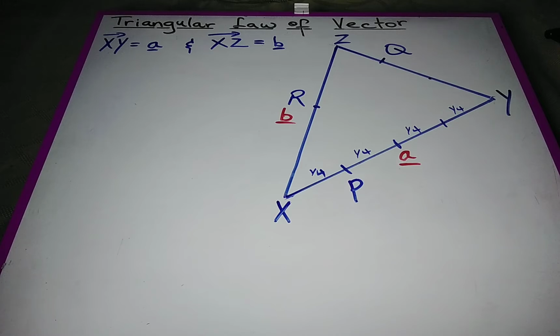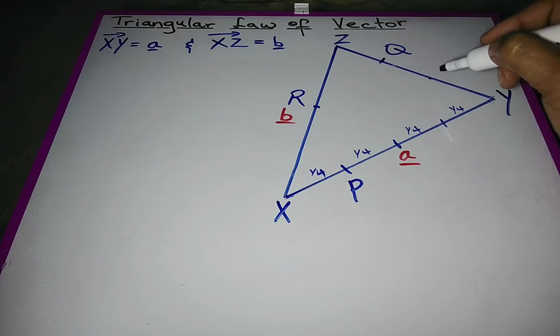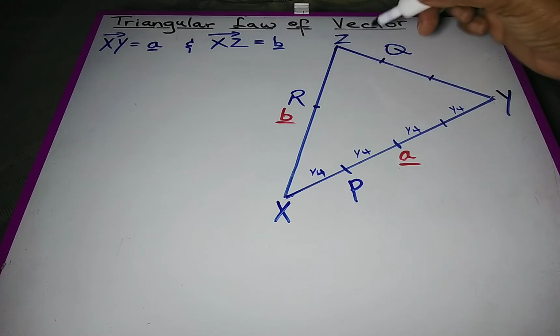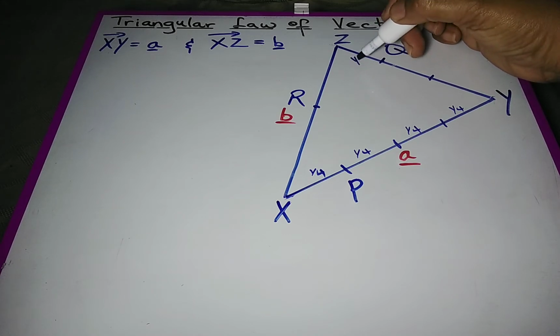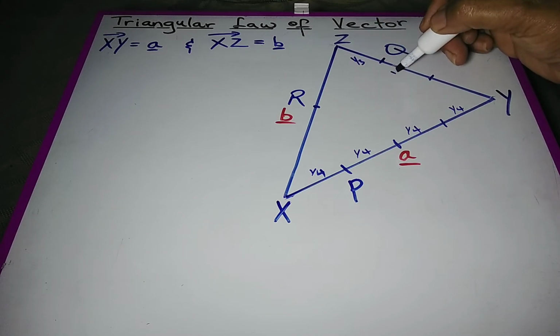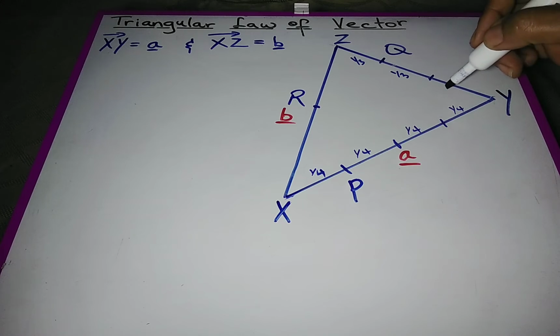Next it says Q, right here, lies on YZ such that QZ, right here, is 1/3 YZ. That means YZ is divided into 3 equal parts. So here is 1/3, here is 1/3, here is 1/3.